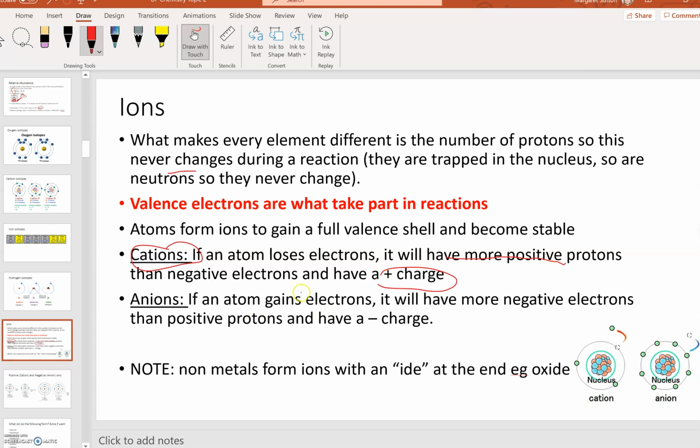And an anion is an atom that has gained electrons to gain stability and get a full valence shell, so therefore it's got more negative electrons than positive protons and a negative charge. So the charges are always to do with the imbalance between protons and electrons. For non-metals, when they form an ion, they've got an "ide" at the end. So like oxygen forms oxide, sulfur forms sulfide, and so forth.